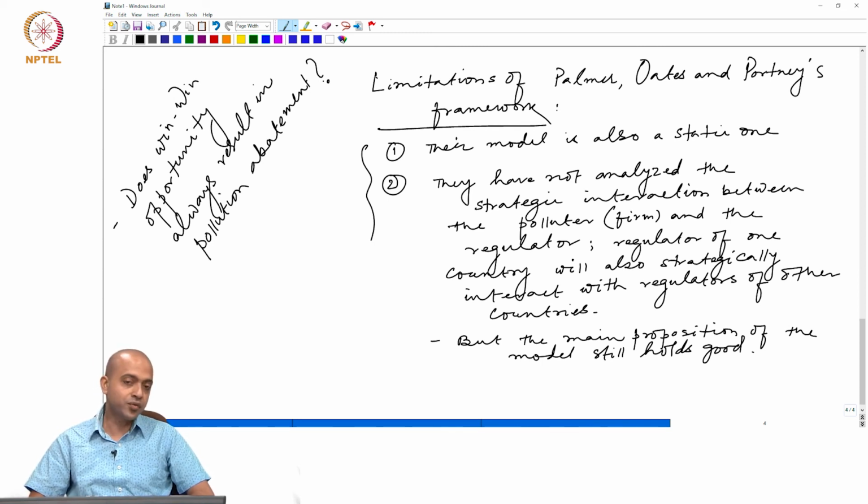Rather, what the firm may try to do is bypass the regulation with some illegal negotiation with the pollution control authorities.